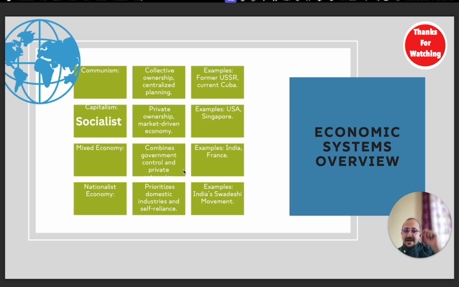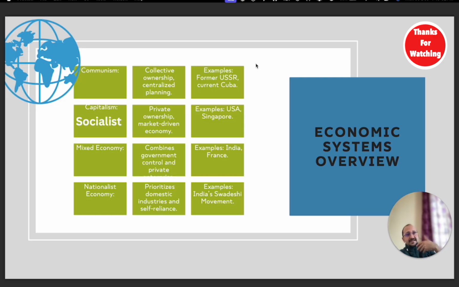It means that when everything is controlled by the parents, when they're very strict, and everything is distributed and divided between both of you by the parents only, that is called communism. Communism means when the government is strict and everything is controlled by the government. It's just the government who distributes things amongst the citizens as per their wish.